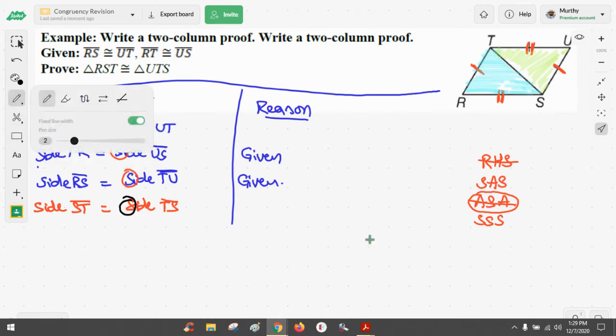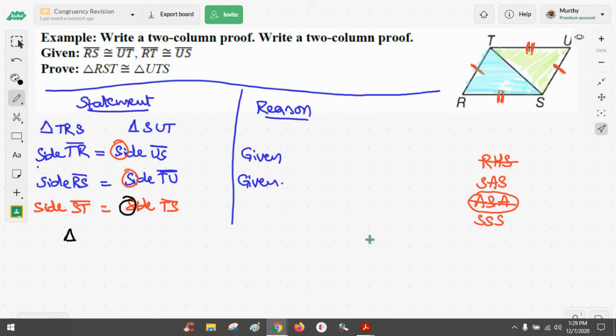But one more thing, don't forget, you have to write them in the same order. For example, if I start with R, I see that this R is in between the given two sides, right? Therefore, you have to start with U because this point is in between the given two sides. So if I start with R here, on the other side I have to start with U. Then I go to my right side, which is S. Can I say clockwise?